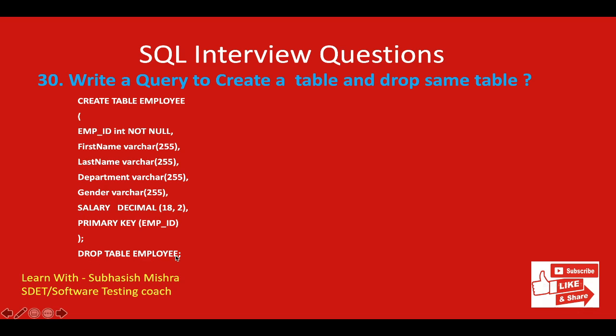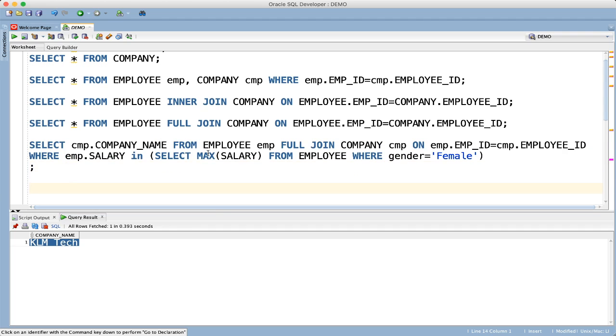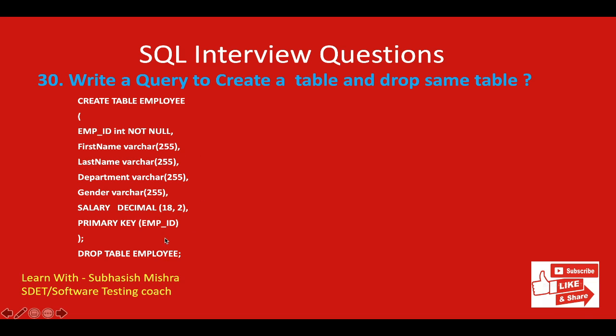I'm not dropping the table here, because we will use it in future, but if you want to, you can just write drop table, then the table name, for example company. Okay, so this should be simple. You can drop a table and you can create a table.